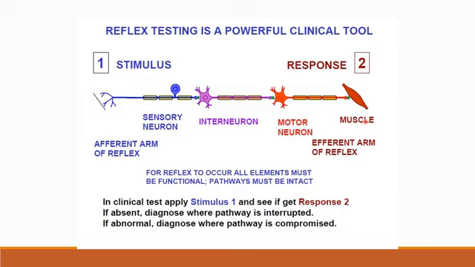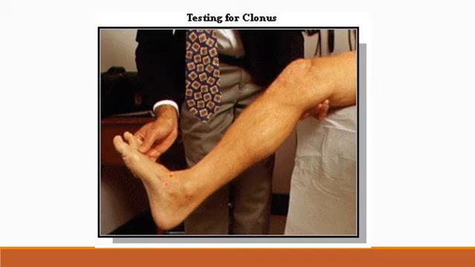And testing for clonus. Clonus is also an abnormal thing, which is a regular rhythmic contraction of a muscle when subjected to sudden and maintained stretch. The best example is ankle clonus. This is elicited by dorsiflexing the foot and trying to maintain the dorsiflexion, resulting in rhythmic plantar flexion at the ankle.